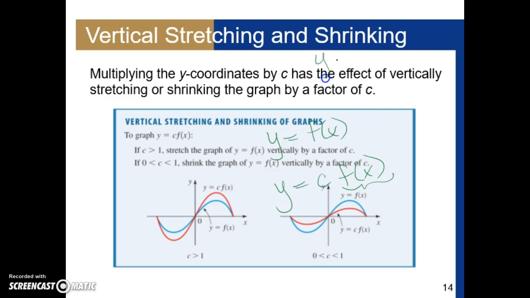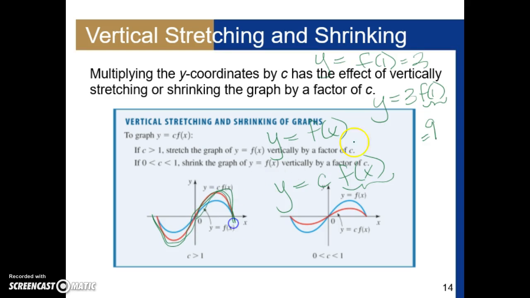If I have y equals f of 1, which equals 2, then if I put a constant of 3 in front of that, it takes that output and multiplies it by 3. So that is vertically stretching my function.